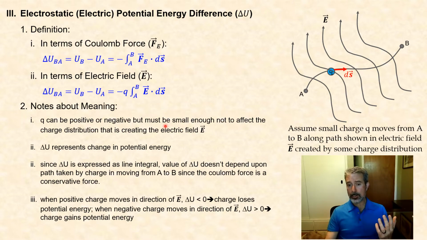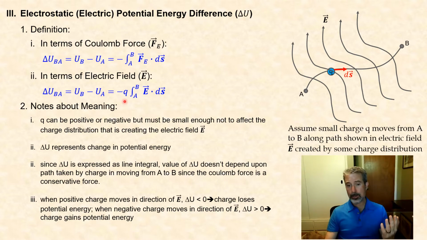Well, that should make sense because when a positive charge moves naturally in the direction of the field, it is going to lose potential energy. In the same way, when an object with mass moves naturally in the direction of the gravitational field, it is going to lose gravitational potential energy.